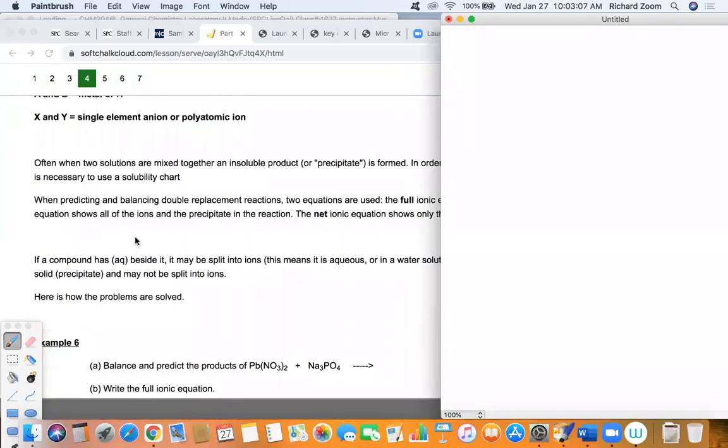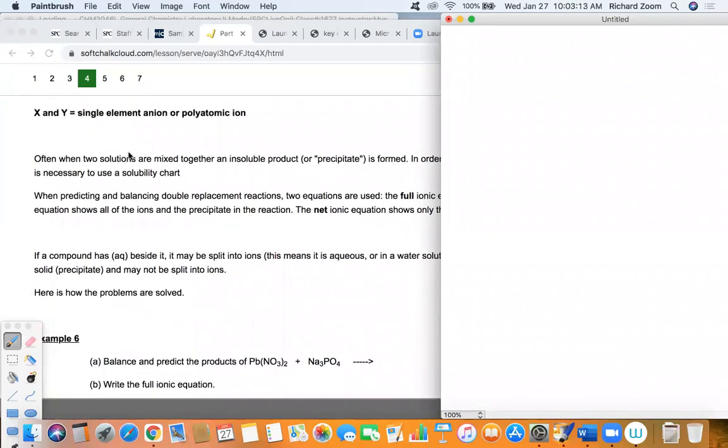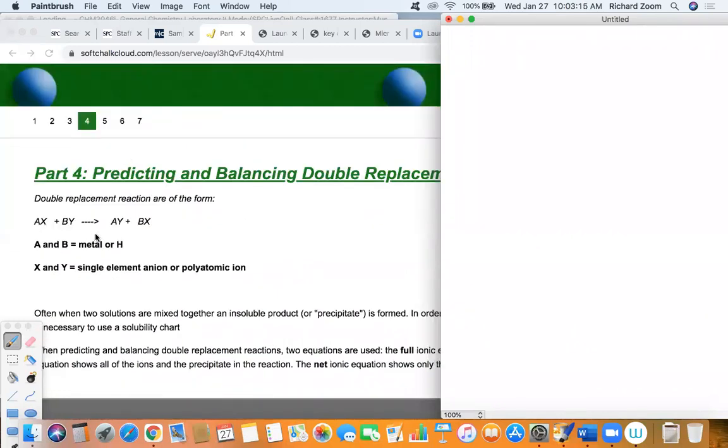So when these two add together, what usually happens is that either AY or BX can become a precipitate, or a solid, whereas we're starting out here with an aqueous kind of equation. So let me show you something.